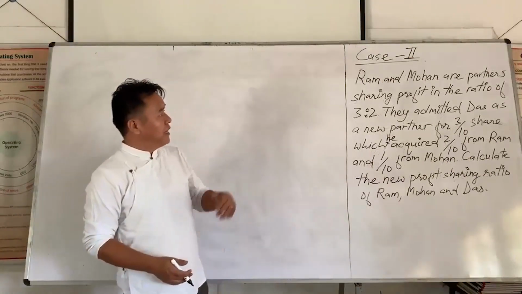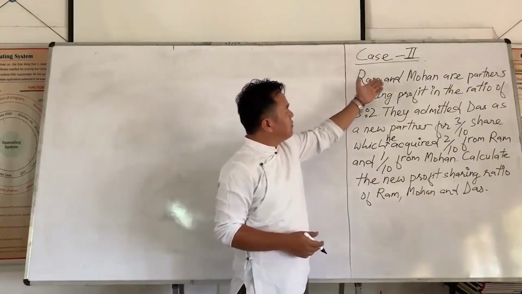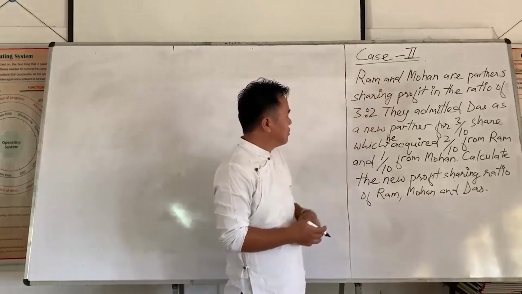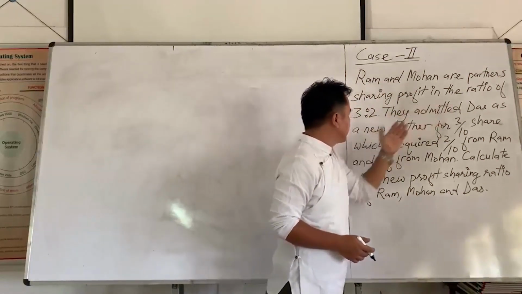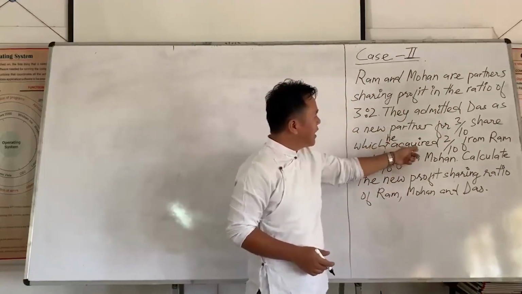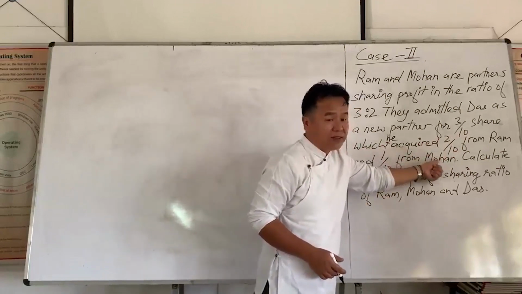Okay, now let's move on to case number 2. Ram and Mohan are partners sharing profit in the ratio of 3:2. They admitted Das as a new partner for 3 by 10 share, which he acquired 2 by 10 from Ram and 1 by 10 from Mohan.